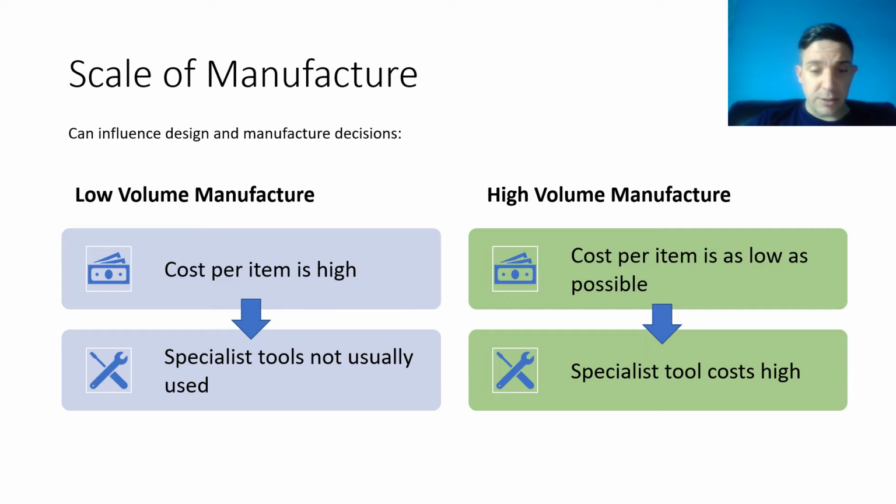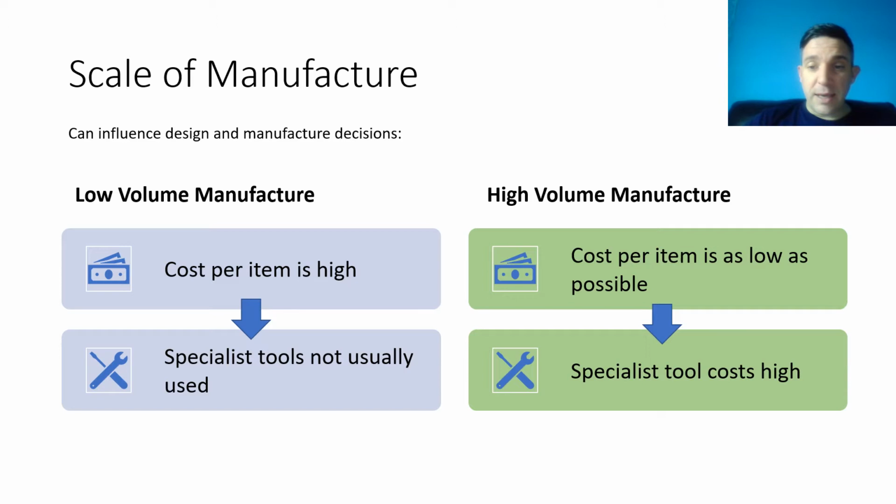So if you're going to make a small batch of components, you often don't use specialist tools. Instead, you'll use general tools that will then utilize an operator's skill to create and manufacture the parts that you want. That process is often quicker and cheaper if you do not have any specialist tools.